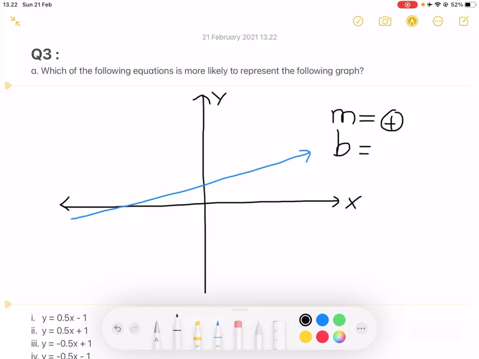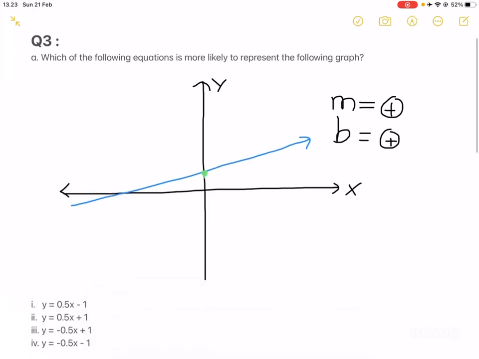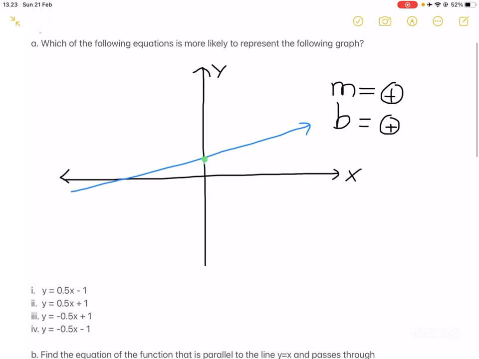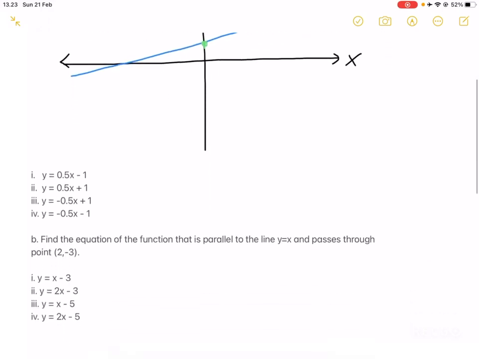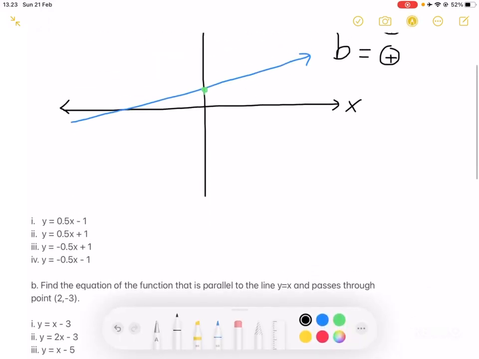And for the y-intercept, we know this is positive because it intersects above the x-axis. Given these two pieces of information, the graph must be in the form of y equals positive plus positive, which in this case is option 2.